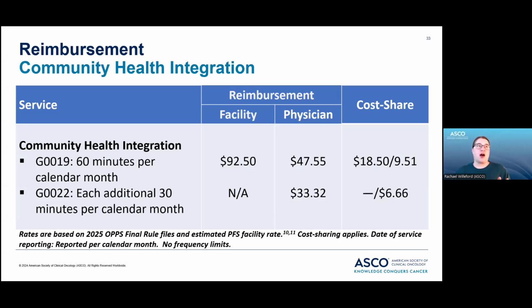For 2025, the facility would be reimbursed for that primary code of G0019 for $92.50, and the physician would be reimbursed for both the primary and the add-on code, so $47.55 and then $33.32. And then we have the cost sharing that's estimated based on the 20% from CMS.